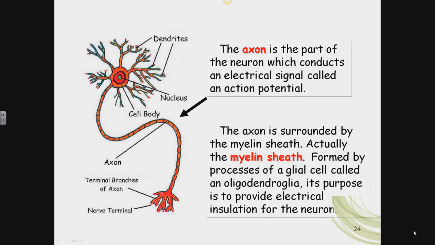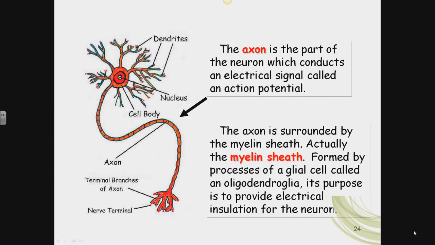Many neurons of your body, their axon is not wrapped around, I should say it is wrapped by a very fatty material from another cell. And you'll learn more about this in your nervous system unit.